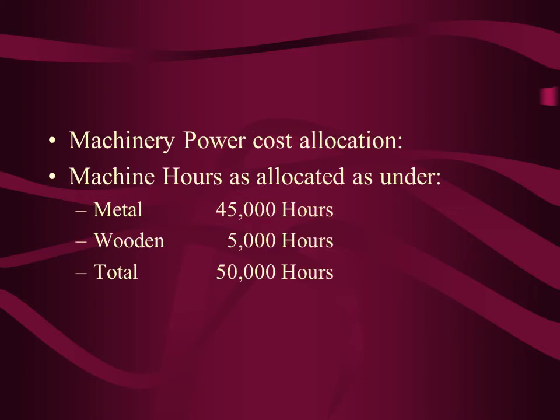So now for machinery power cost allocation, we have machine hours as the cost driver, and the estimated machine hours are for metal cabinet 45,000 hours and for wooden cabinet 5,000 hours.